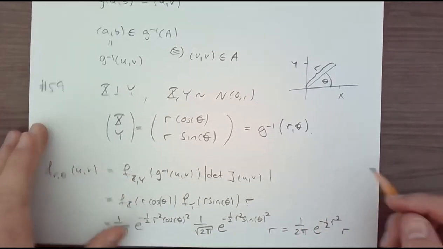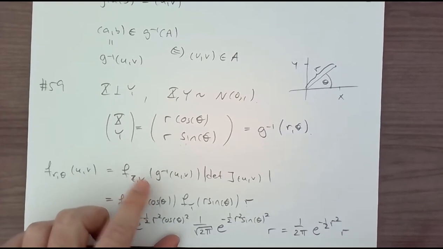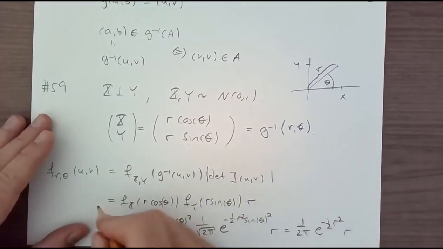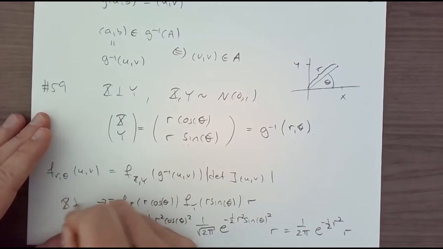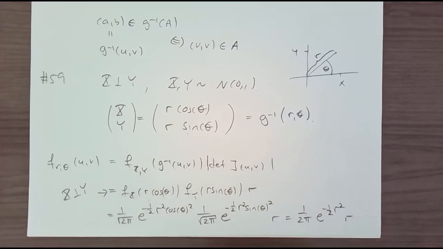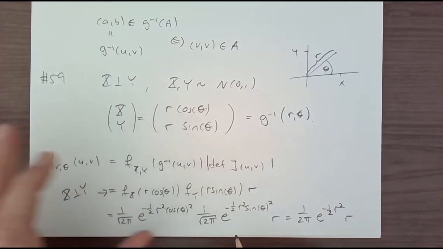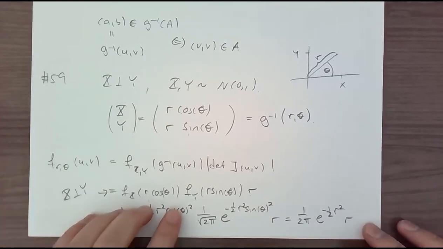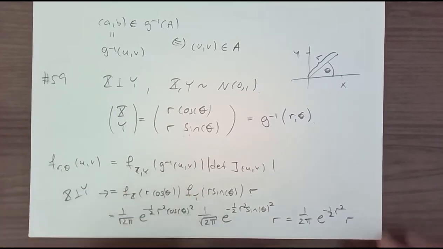In our case we were lucky because the original X and Y were independent, so the joint density of X and Y is just a product. Had there been some correlation, for example, then you would not be able to just take the product here.